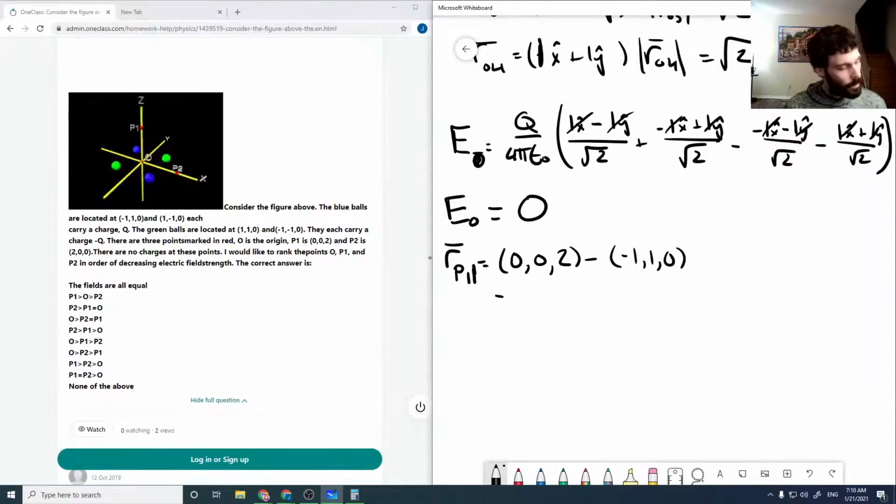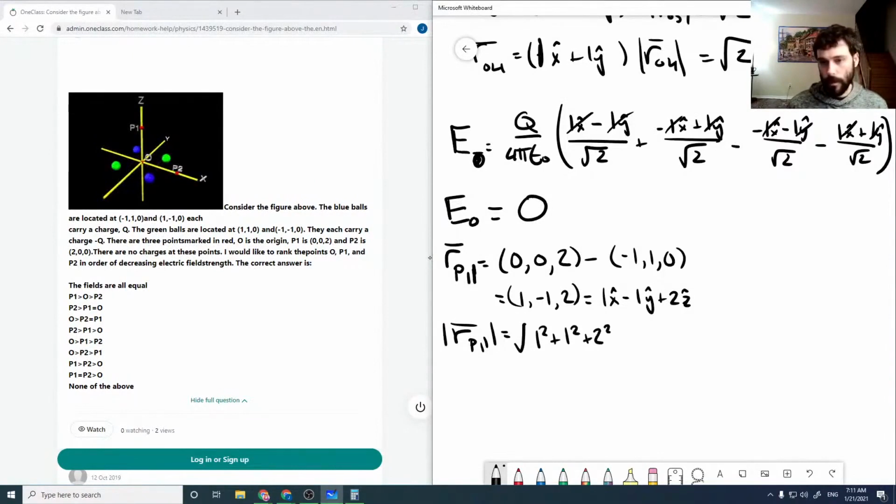So this equals 1 minus 1, 2, which is 1 x hat minus 1 y hat plus 2 z hat. Right away we can solve for our magnitude, which is square root of 1 squared plus 1 squared plus 2 squared, which equals square root of 6.